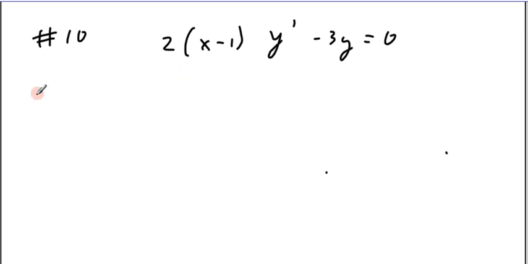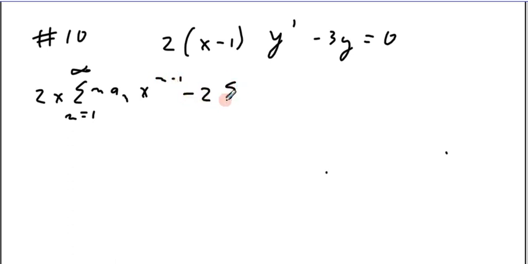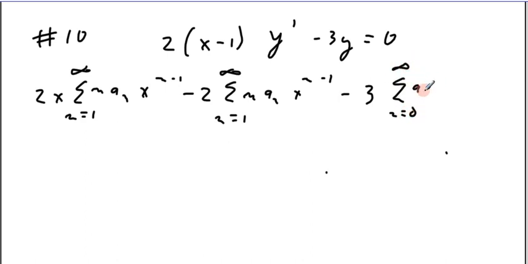Okay, so I'm going to do 2x summation n equals 1 to infinity n a n x to the n minus 1, minus, when I have two terms, so I'm going to break them up, this makes it easier that way, 2 summation n equals 1 to infinity n a n x to the n minus 1, minus 3 summation n equals 0 to infinity a n x to the n is equal to 0.